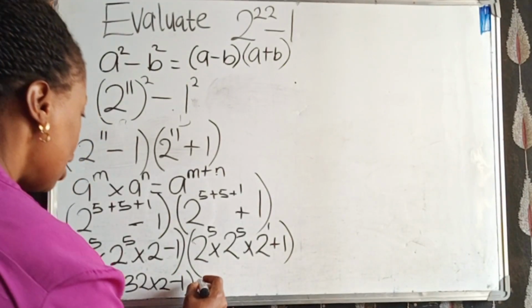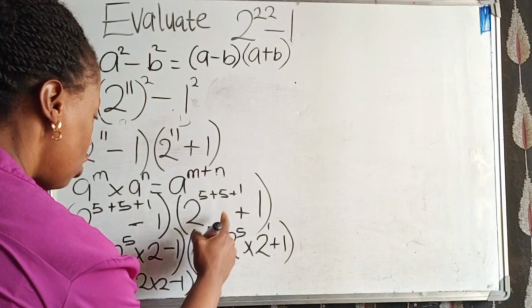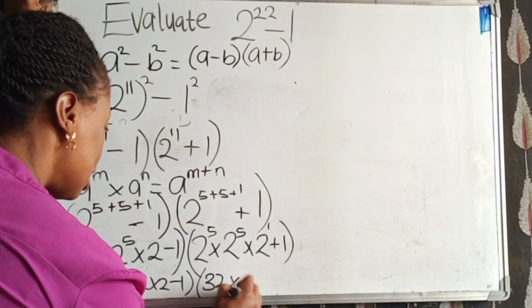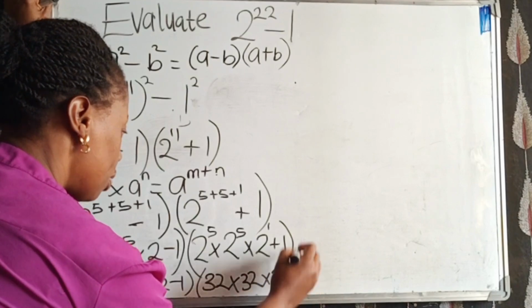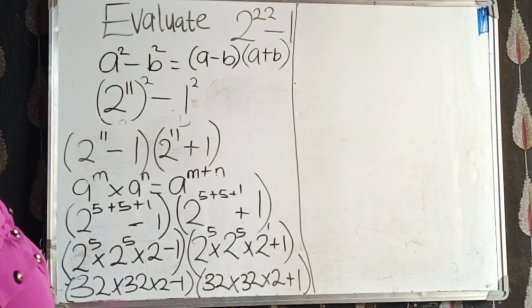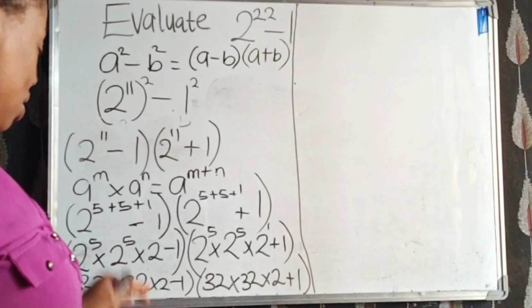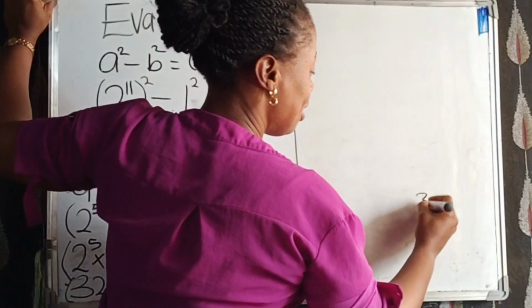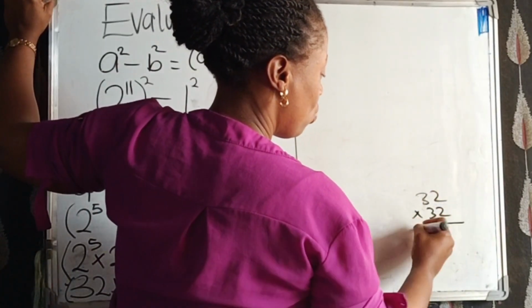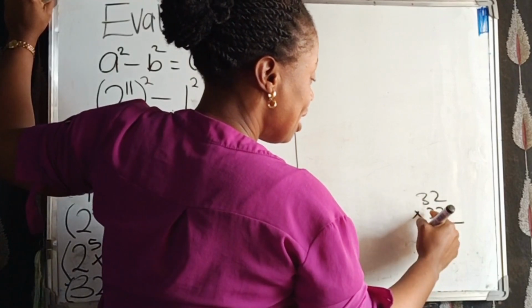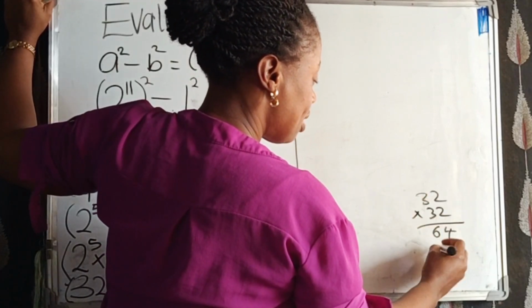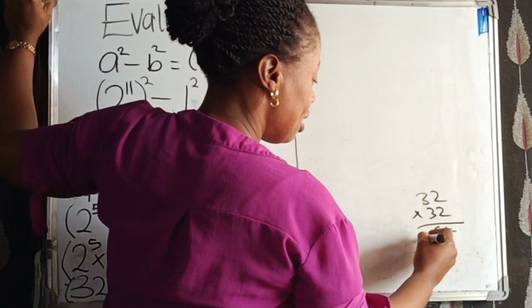We repeat the same thing here. 2 raised to the power of 5 is 32, so 32 times 32 times 2, plus 1. So 32 times 32: 2 times 2 is 4, 2 times 3 is 6, 3 times 2 is 6, 3 times 3 is 9.